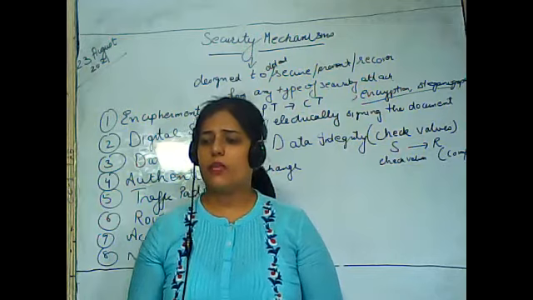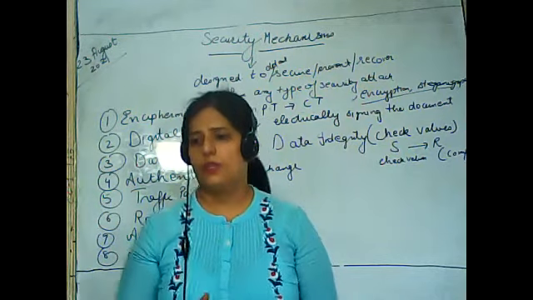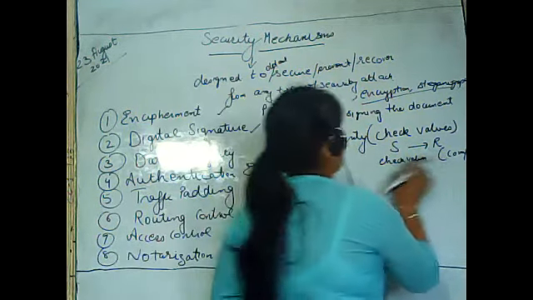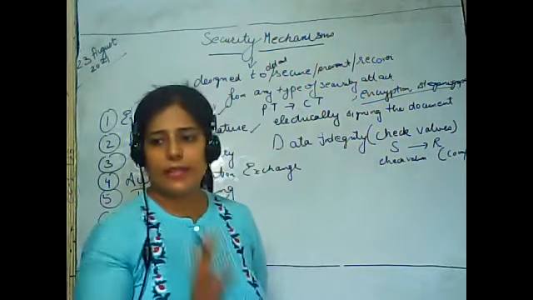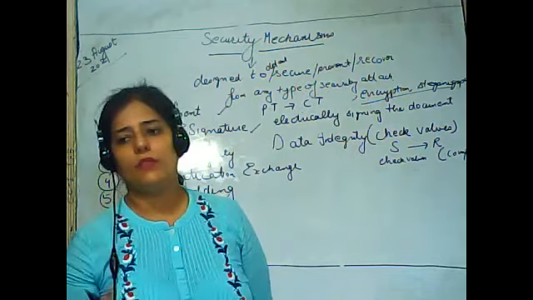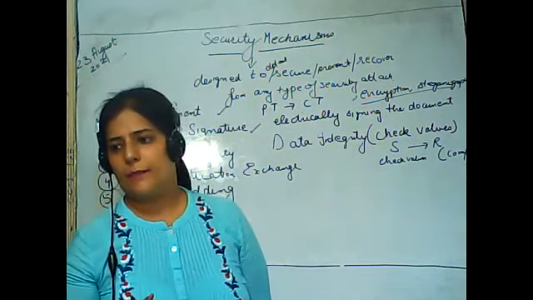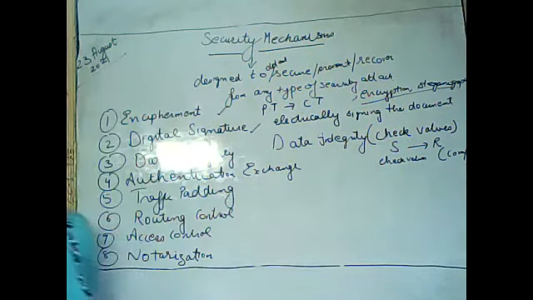The receiver will compare all those check values, and if the values remain the same, that means the message has not been altered while transmitting. Right? So this is how we can define the term data integrity.